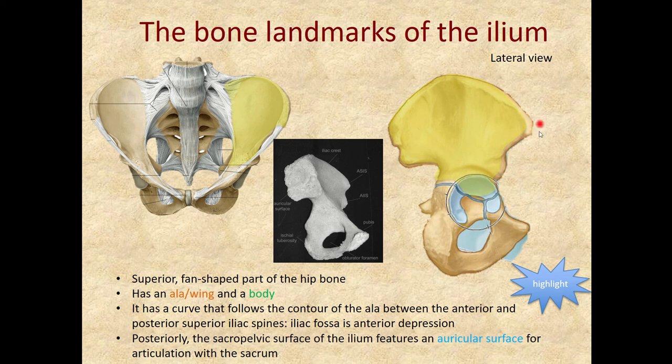You talked about this spot already when you discussed the inguinal ligament and its attachment points. But on the posterior aspect of the ilium, you also have a posterior superior iliac spine and a posterior inferior iliac spine here. And then you can see that the ilium is the bone that actually makes this greater sciatic notch here.